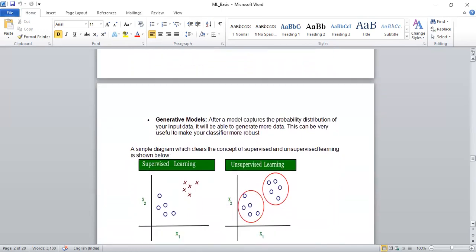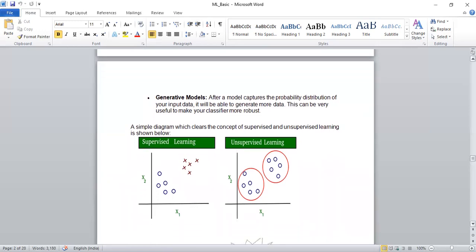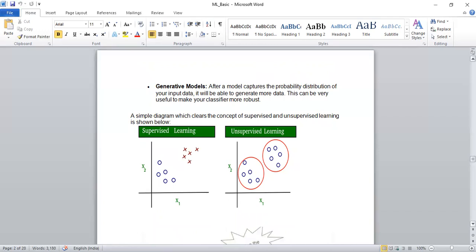Generative models: after a model captures the probability distribution of your input data, it will be able to generate more data. This can be very useful to make your classifier more robust, because you need to feed a lot of data.